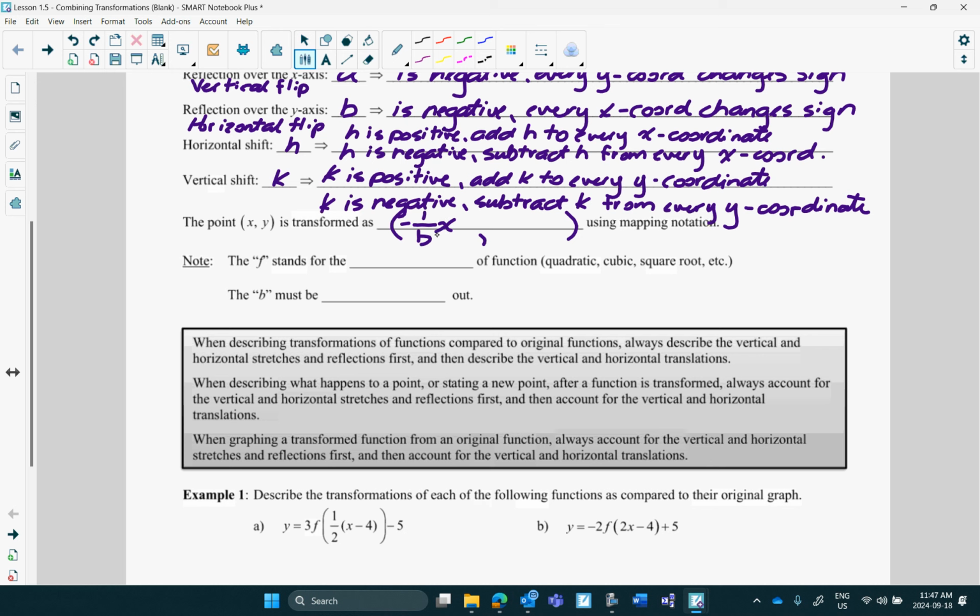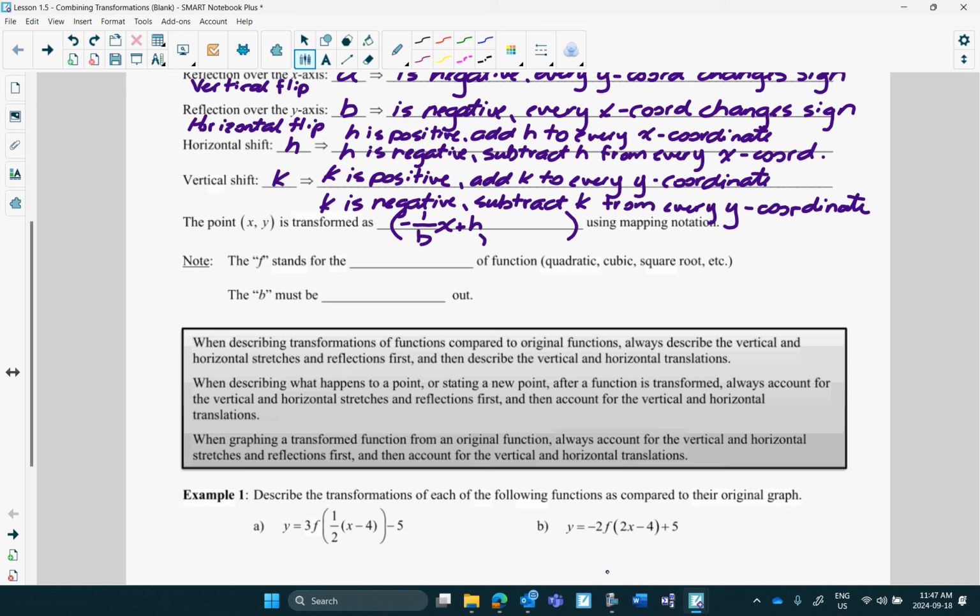Then x, then H. So it flipped, it stretched horizontally, it shifted horizontally.